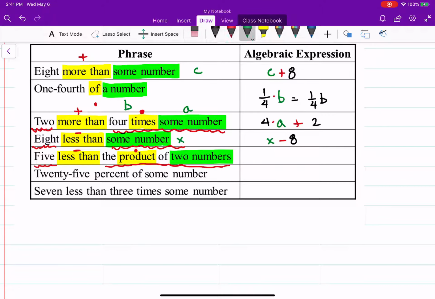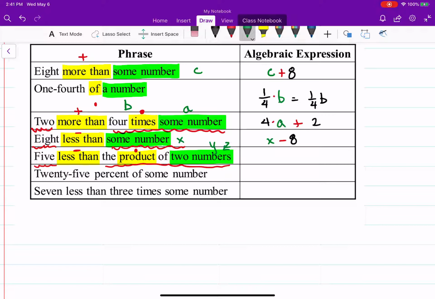Now, I don't know if they're the same numbers or different numbers, and I can't assume that they're the same. So I can't use the same variable, okay? If I call those 2 numbers, let's say y and y, then I'm assuming those 2 are the same numbers, all right? So I can't do that. I can use y, but that means I have to use a different variable, let's say z, okay?